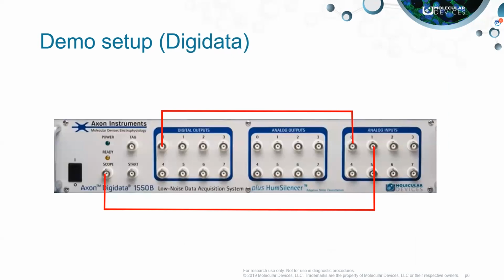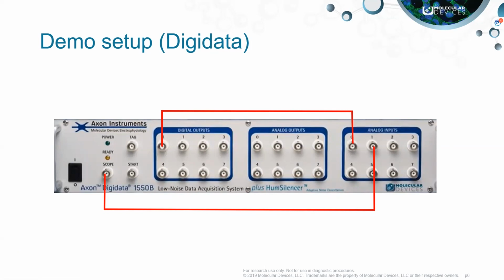On the front panel of the digitizer, I use a BNC cable to connect digital output channel 0 to analog input channel 0. Because I don't have a living cell here, I would like to use this digital output TTL pulse as the acquired signal.